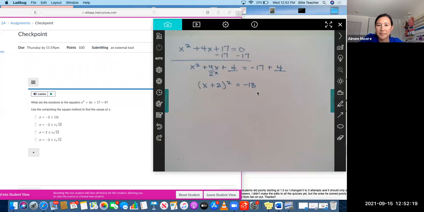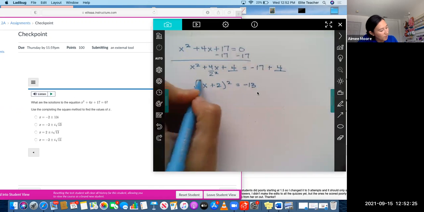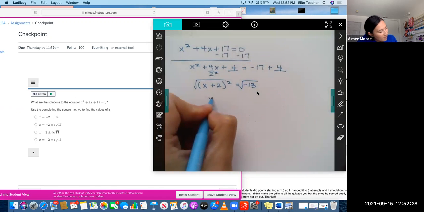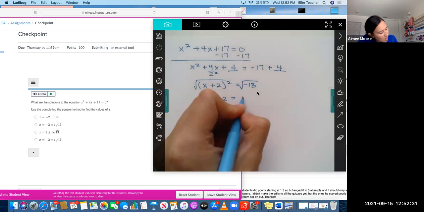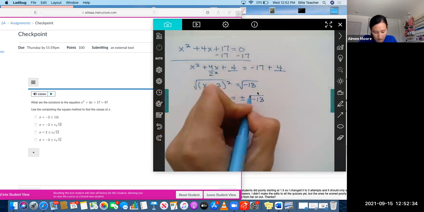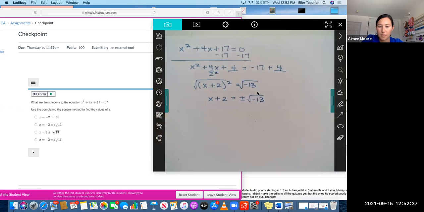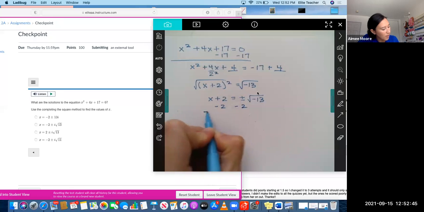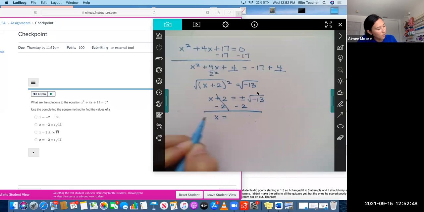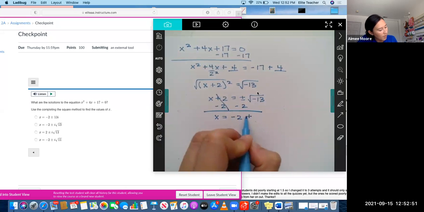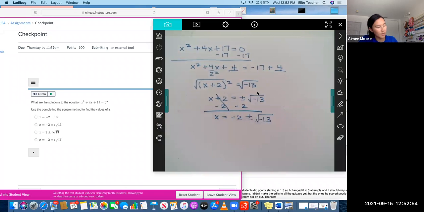Any questions so far? All right, and now we can take the square root of both sides. And so we have x plus 2 equals plus or minus the square root of -13. Then we're trying to isolate x. We have to get x all by itself. So we will subtract 2 from both sides, which leaves us with x equals -2 plus or minus the square root of -13. So we're almost there.